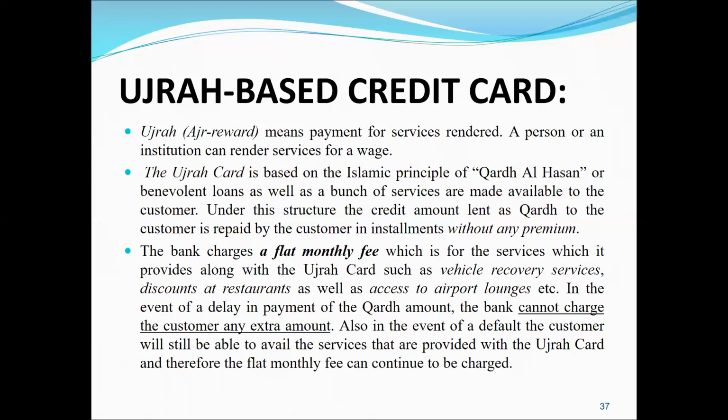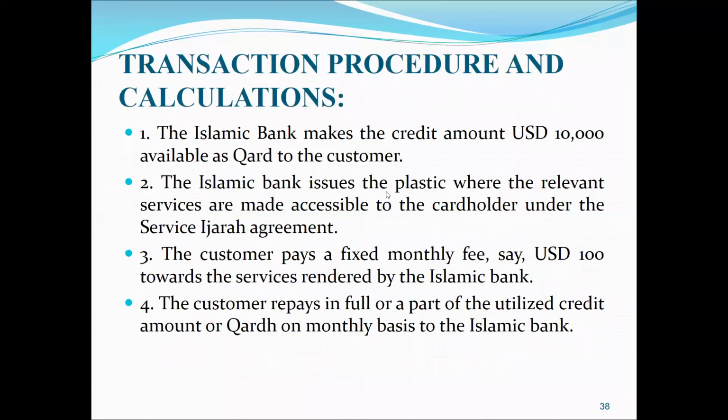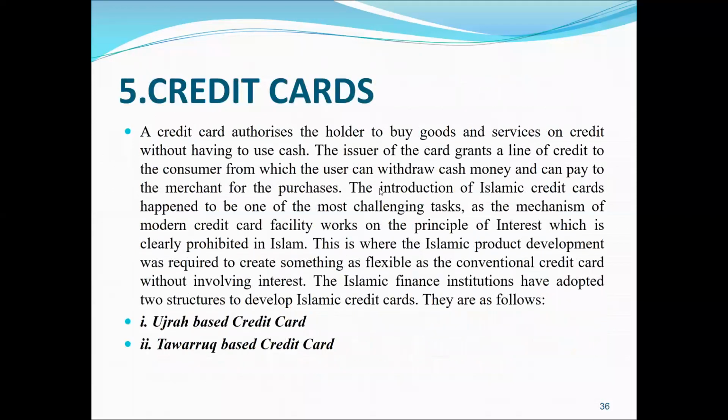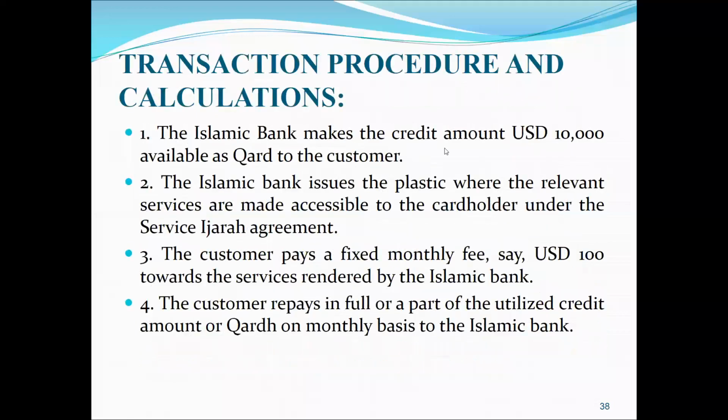Okay. This is the Ujra-based credit card. For example, first, how it works in calculation: the Islamic bank makes a credit amount of $10,000 available as a card to the customer.